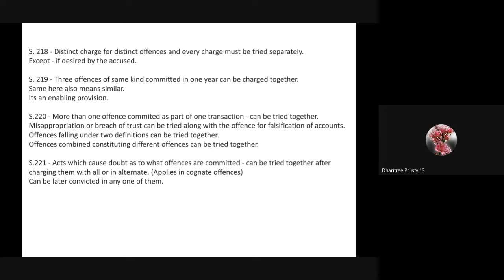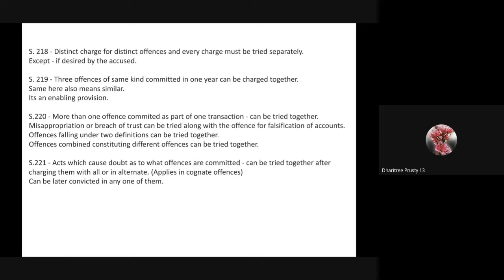So all those charges must be tried separately. That is the object behind it. But if the accused himself says that he wants all the charges to be tried together, in that case all the charges can be tried together as well.